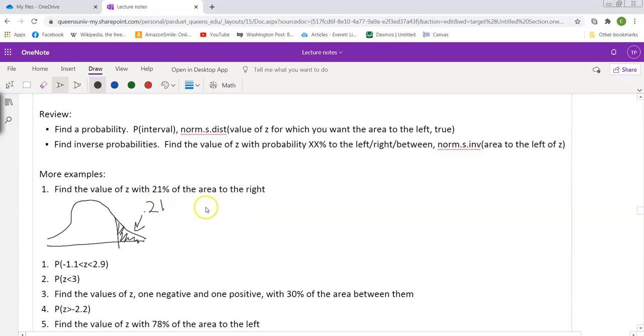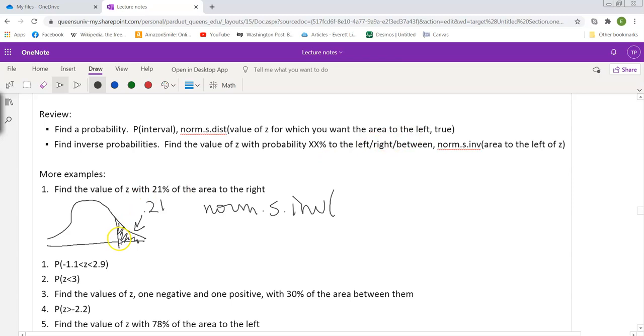And we already said we're going to be doing NORM.S.INV. And we have to tell it how much is to the left.